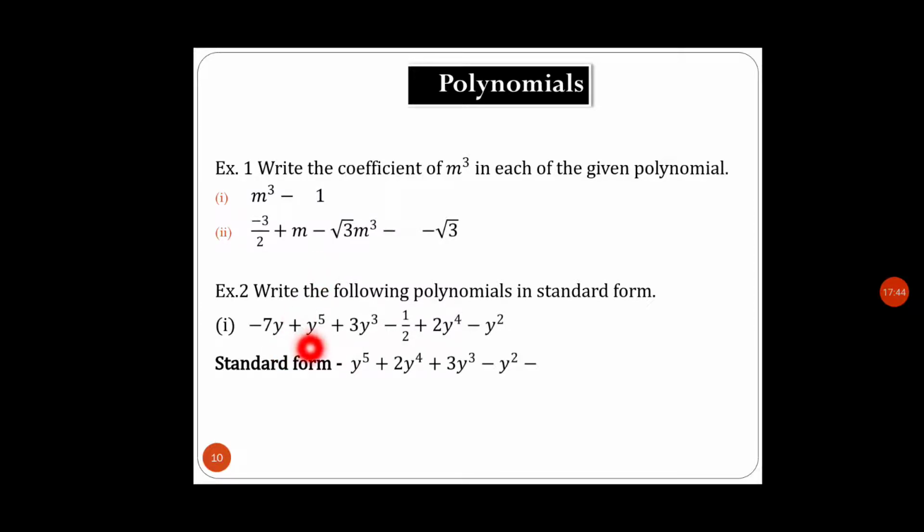Y raised to 5. Then the standard form is y raised to 5, after that 2y raised to 4 plus 3y cube minus y square minus 7y minus 1 by 2. Means to write the standard form, we rearrange the terms of a polynomial in descending powers of the variable. Mostly we use the descending.